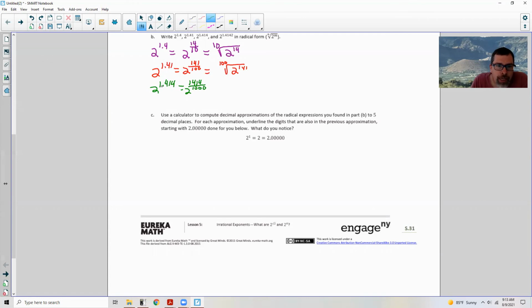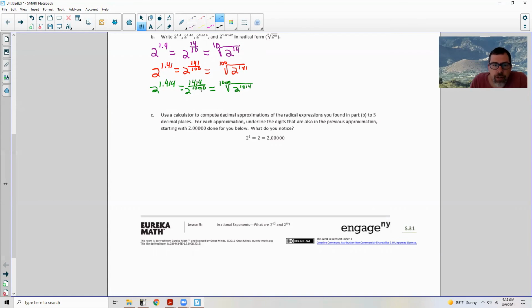Well, 1 is 1,000 thousandths, so it's 1,414 thousandths. That's going to be the 1,000th root of 2 to the 1,414.